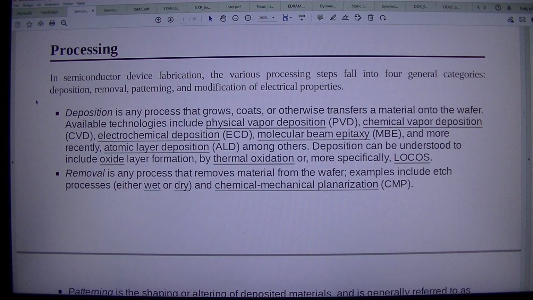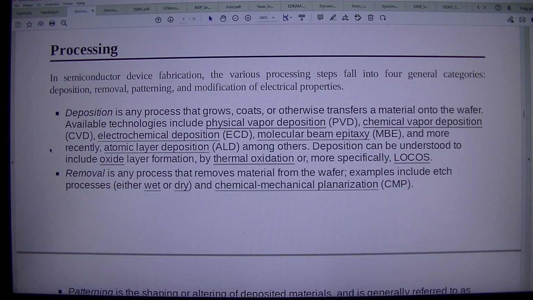Deposition is any process that grows, coats, or otherwise transfers a material onto the wafer. Available technologies include physical vapor deposition, PVD, chemical vapor deposition, CVD, electrochemical deposition, ECD, molecular beam epitaxy, MBE, and more recently, atomic layer deposition, ALD, among others.